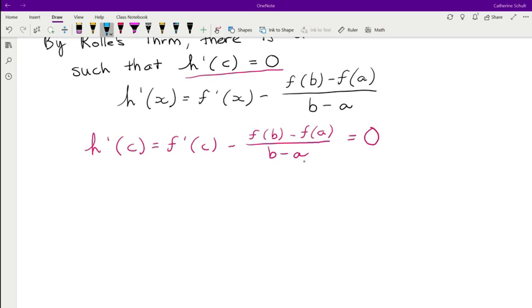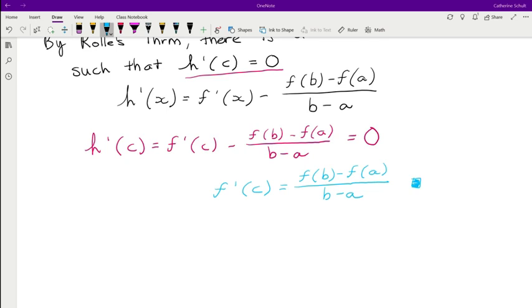Let's add this to both sides. So now we're saying there's a C between A and B where the derivative at that C is equal to the slope of that secant line. And then that proves the mean value theorem. Okay, so a cute little proof. And we proved it using Rolle's theorem and a very clever use of h.